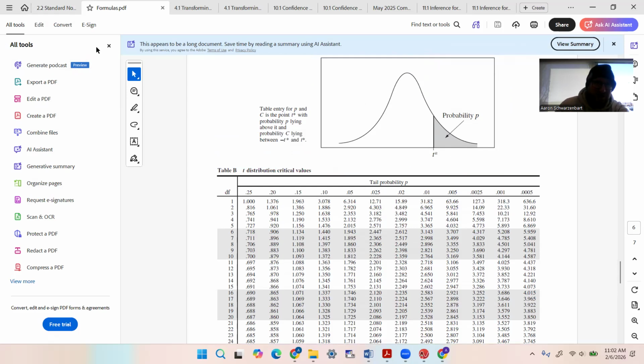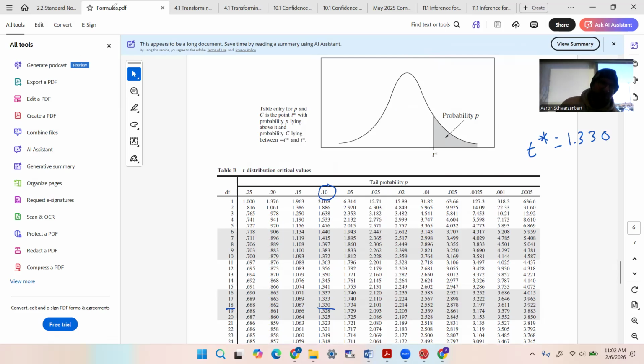I'm looking at this column, I'm looking at 18 degrees of freedom, and my value t star equals 1.330. The t table only gives us some of the commonly needed ones. It doesn't give us nearly the detail of the z table, but it gives us enough detail.